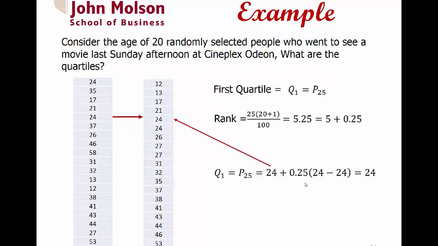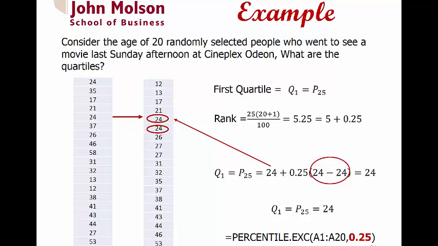And then I take 0.25 times the difference between 24 and its next observation, another 24. So in this case, 24 minus 24 is 0. So my first quartile is 24. Again, I have used the formula percentile.exc.